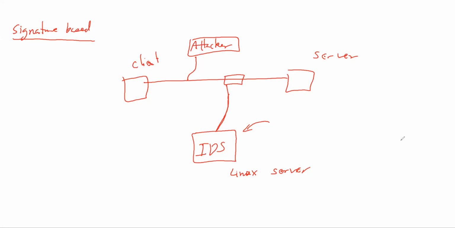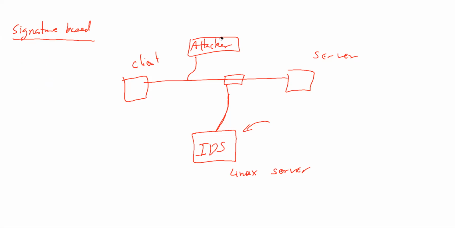So really, an IDS that is signature-based is made up of the sniffer part, which is just extracting the information, and then comparing that, let's say, the logic engine. I really should be writing this differently.